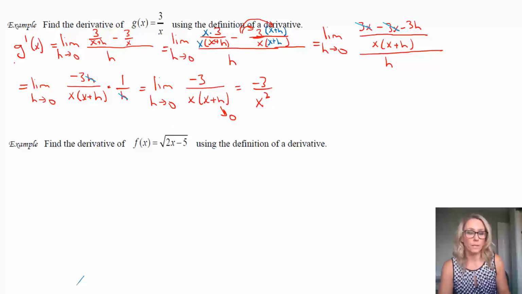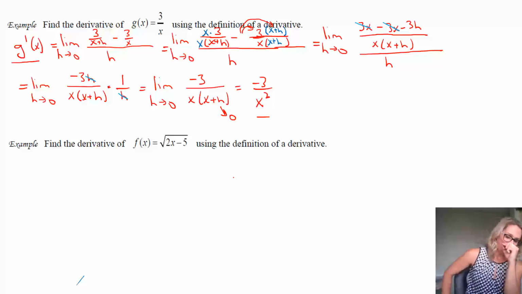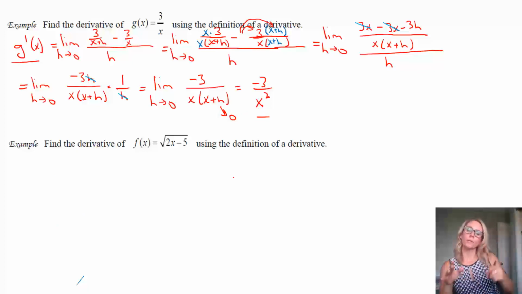So just a reminder that g prime of x is negative 3 over x squared. Just as a side note, from what we talked about in section 2.1, what this is saying is that negative 3 over x squared is the formula for, it's a function. It is a function, but it's telling us the slope of the line tangent to the function g of x equals 3 over x at any point.